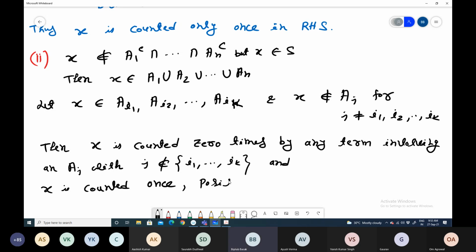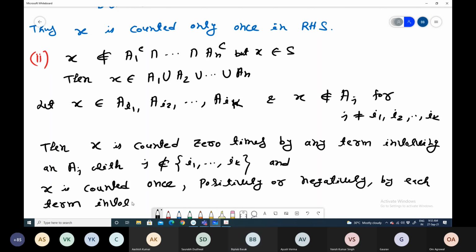Here we write positively or negatively by each term, okay, involving only A_i1, A_i2 up to A_ik.